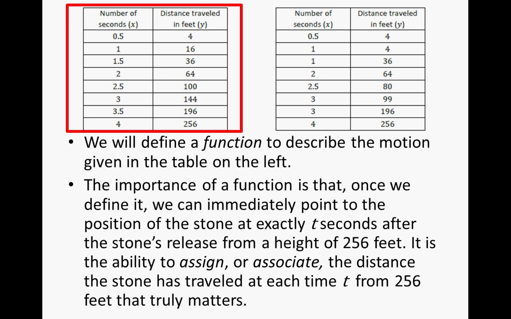The importance of a function is that once we define it, we can immediately point to the position of the stone at exactly t seconds after the stone's release from a height of 256 feet. It is the ability to assign or associate the distance the stone has traveled at each time t from 256 feet that truly matters.